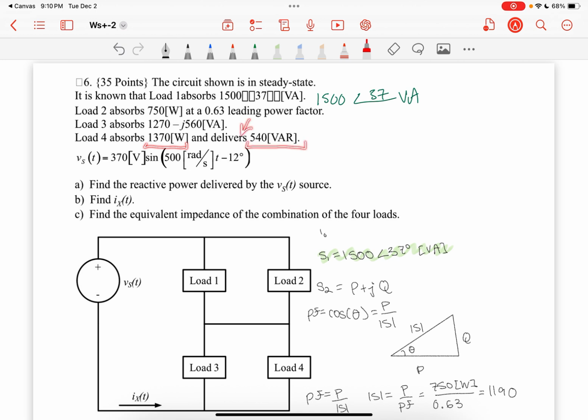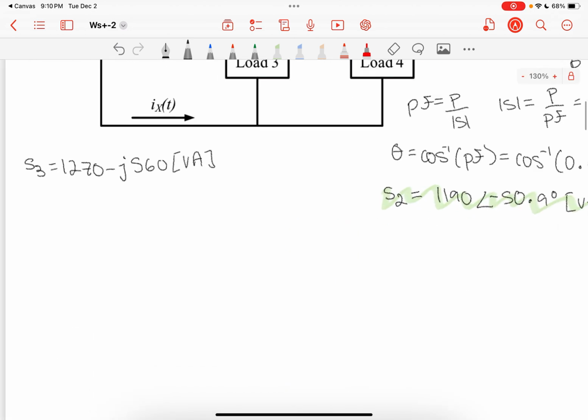And because it delivers, this is going to be negative. So S4 is equal to 1370 minus J540 volt amps. And again, we know that this is negative because the problem statement says delivers.